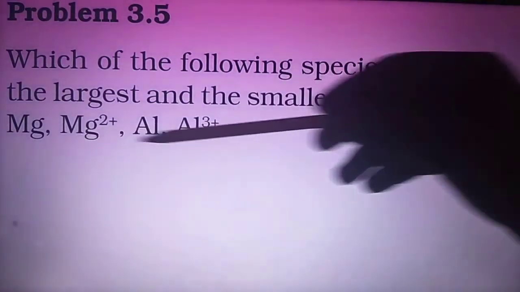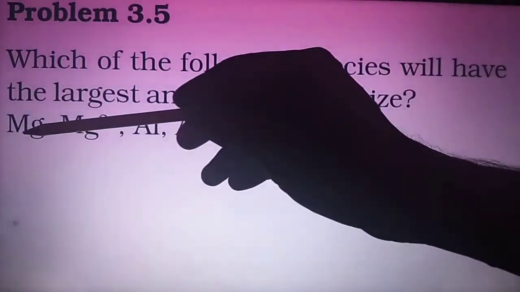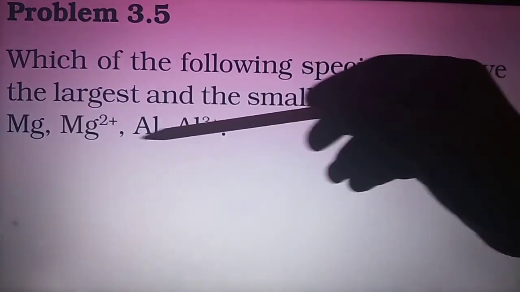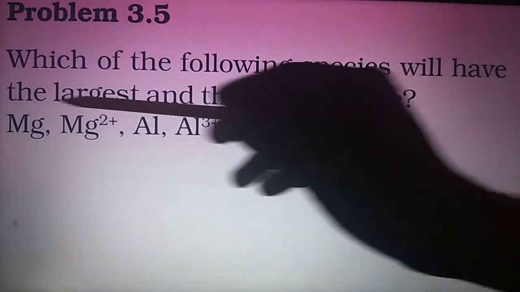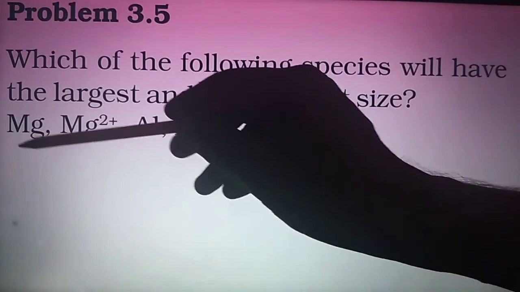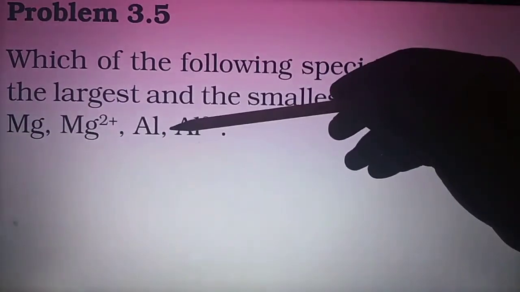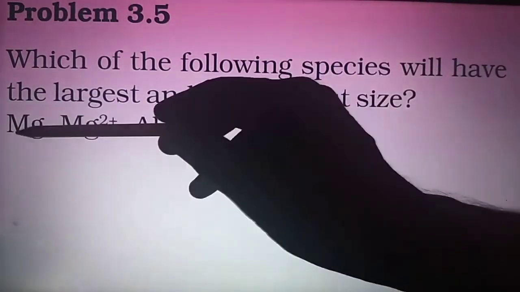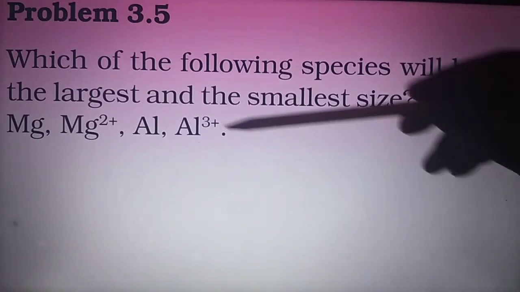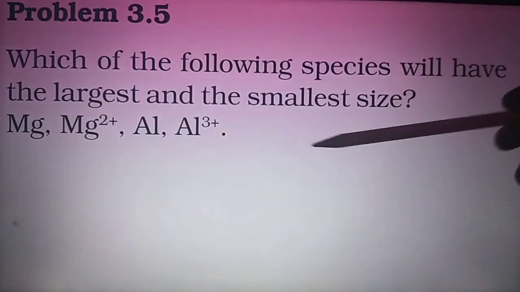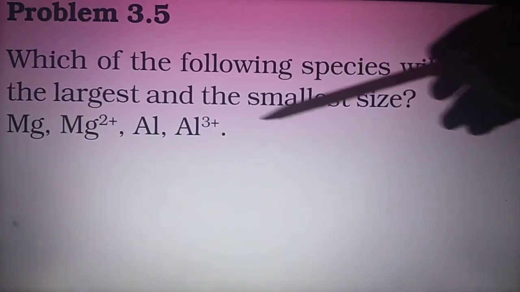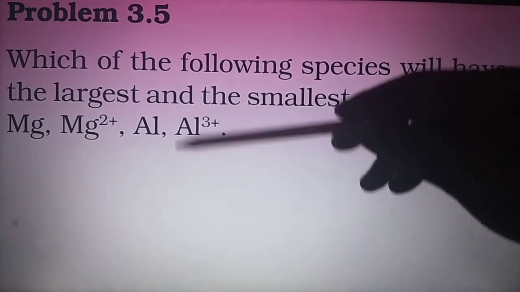Now cations can never be largest, so we have to compare the magnesium and aluminium. Out of these two, since magnesium is lying to the left of the periodic table as compared to aluminium, magnesium will have the largest size among these four, and the smallest size will be of aluminium plus 3.